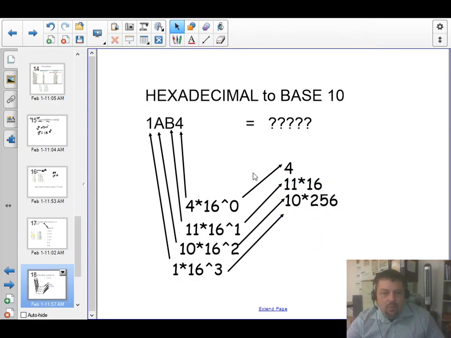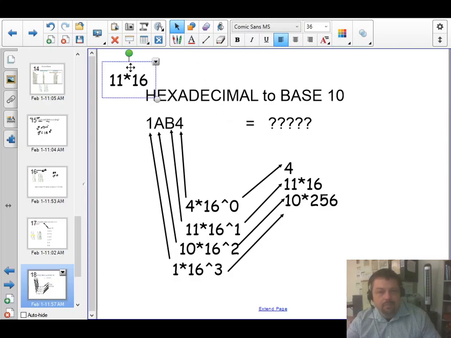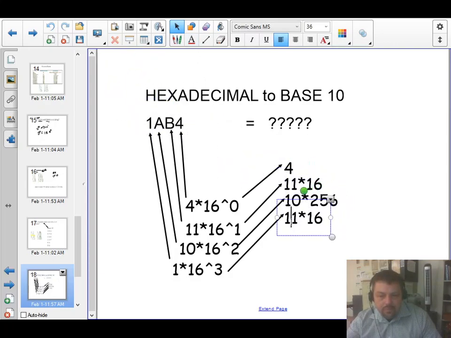And then here we got 1 times 16 cubed. Let me check what that is real quick.